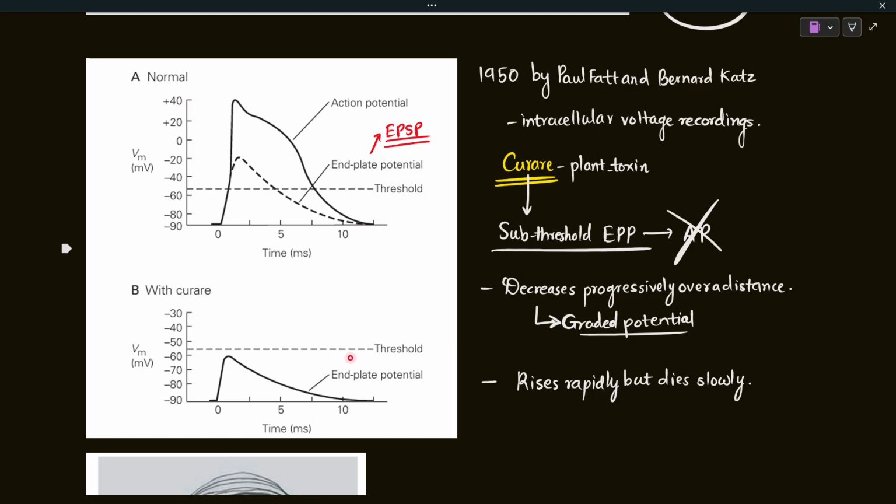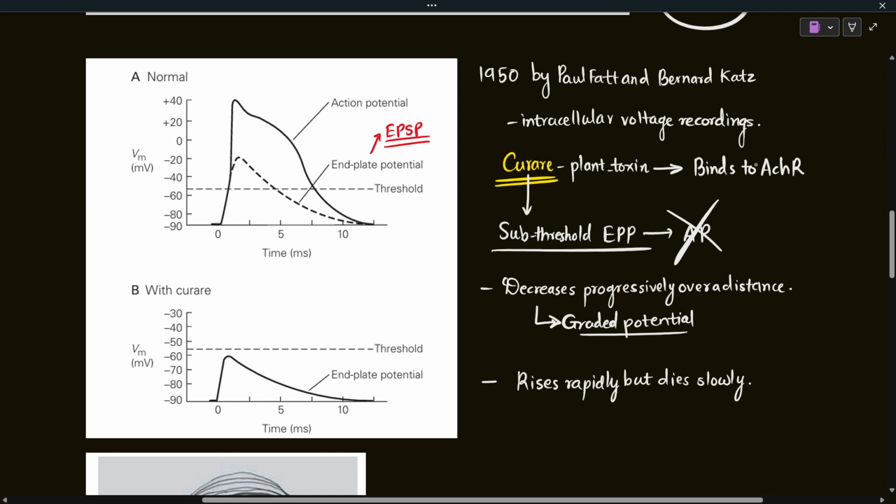But what does curare do? Actually, curare, just like alpha bungarotoxin, is also a toxin. We'll discuss alpha bungarotoxin in some other lecture. So curare binds to acetylcholine receptors.